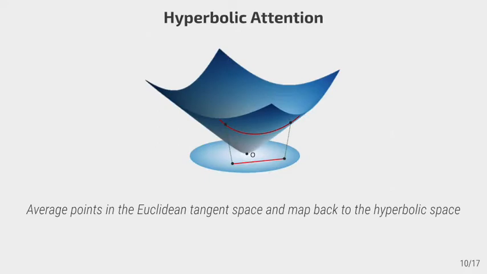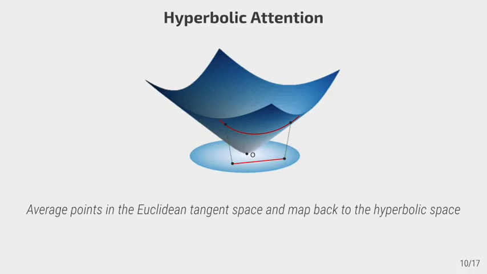In the previous slide, we've introduced two types of geometric operators to capture logical patterns in knowledge graphs. However, one operator might work better on some relations while the other works best on others. For instance, symmetric relations might be better represented with reflections, while rotations will better represent antisymmetric relations. Here we propose a hyperbolic attention mechanism which uses neural attention to determine how to combine the two hyperbolic operations for a given relation.